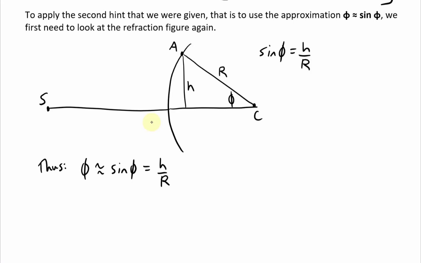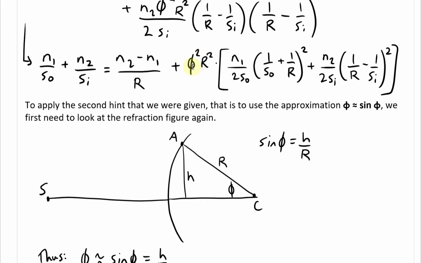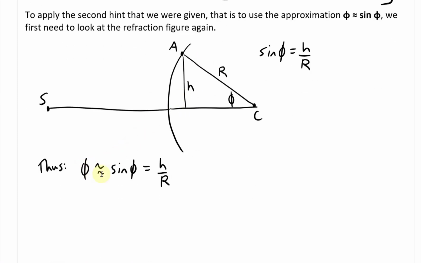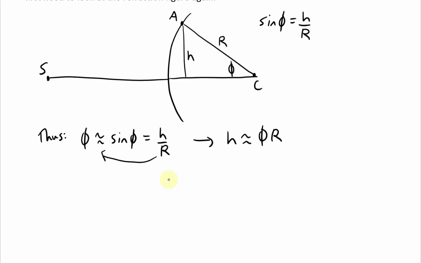We have a phi and an r, so just move this over to this side, and h is roughly equal to phi r, since it's an approximation. Now if we square it, h squared is roughly equal to phi squared r squared. In other words, we have a value for h.